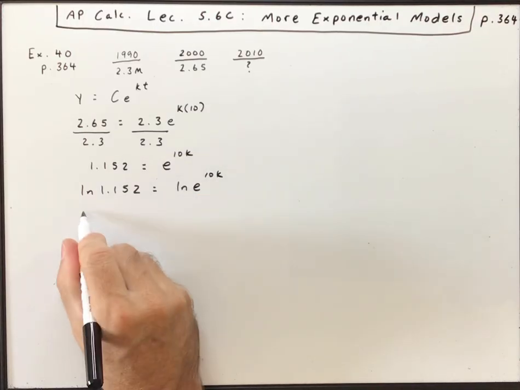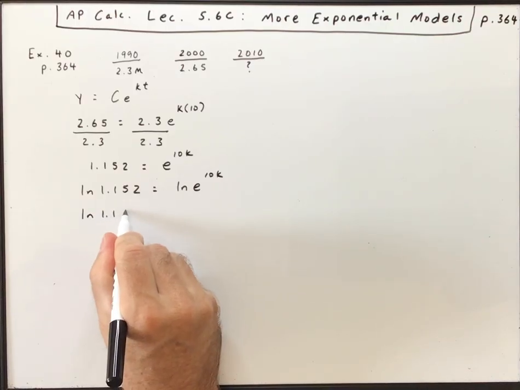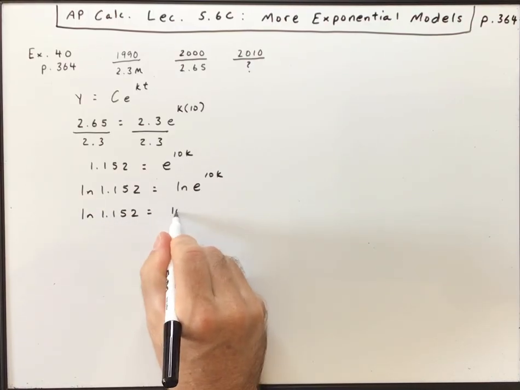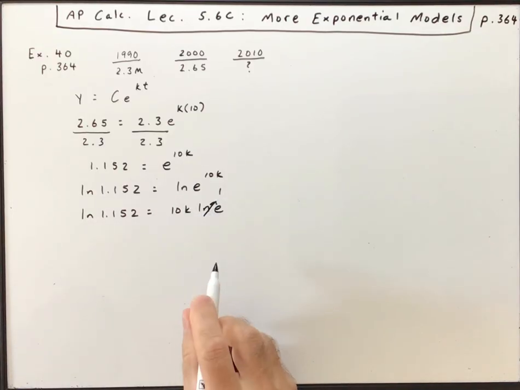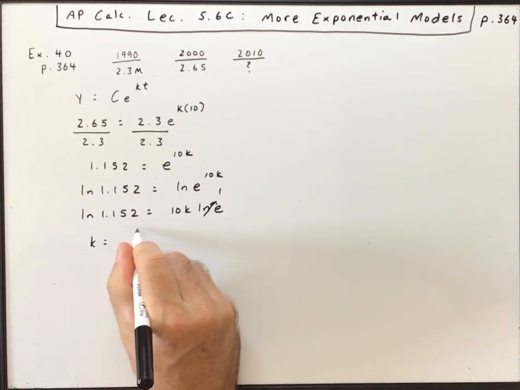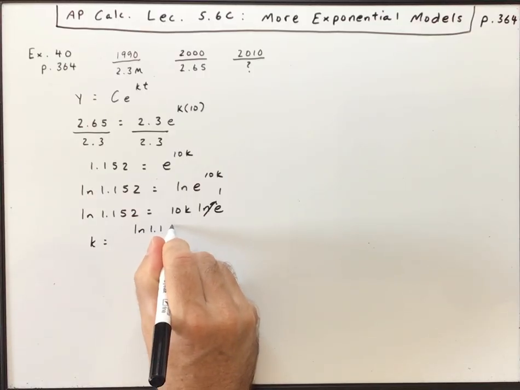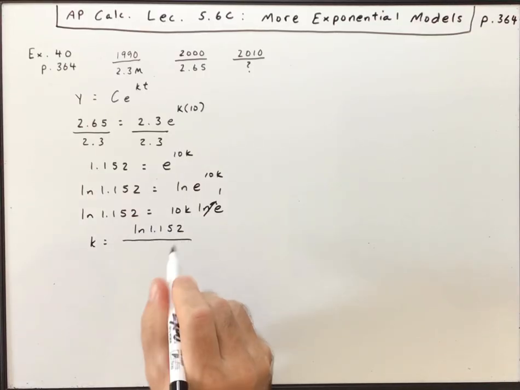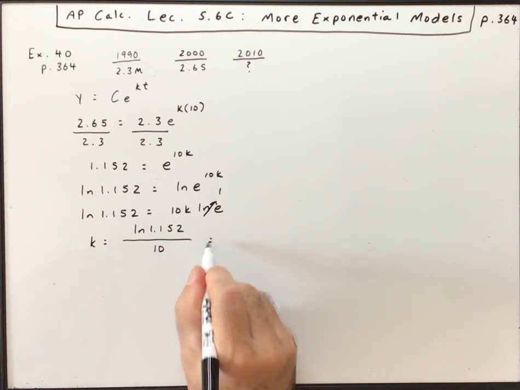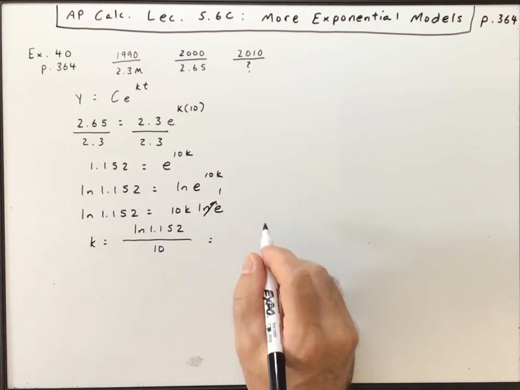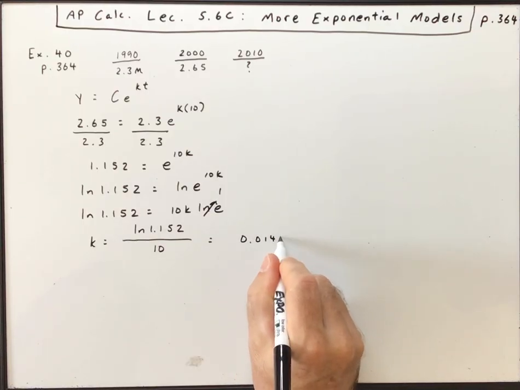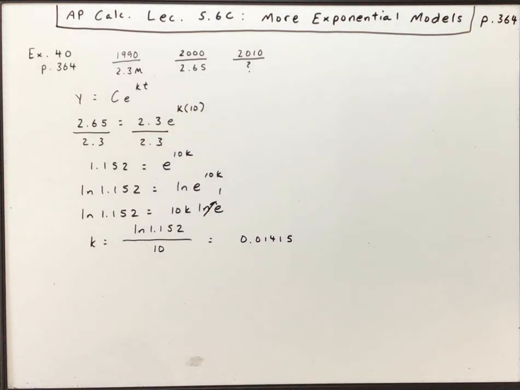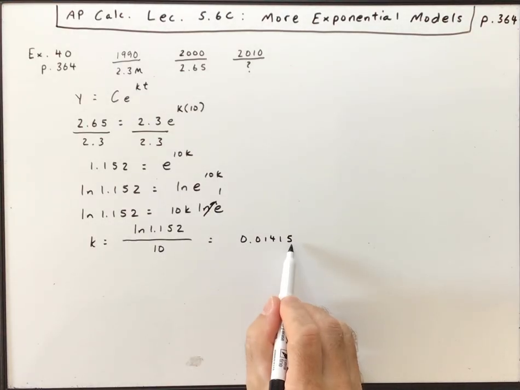Now I can bring the 10k out front. Natural log of e is 1. So k is equal to the natural log of 1.152 over 10. You put that in your calculator to get 0.01415. I went ahead and took that out 4 non-zeros so that we can get a better estimate.